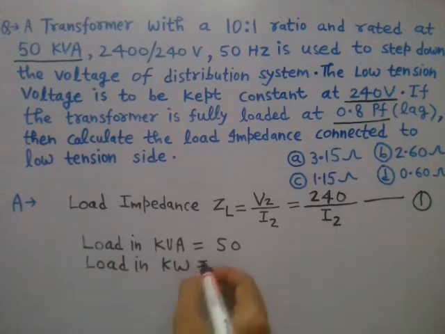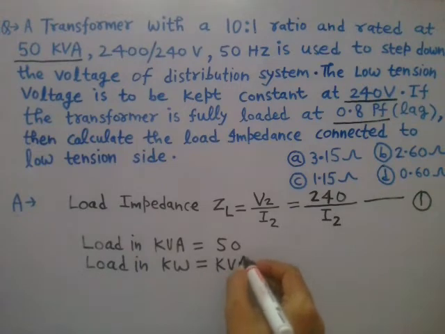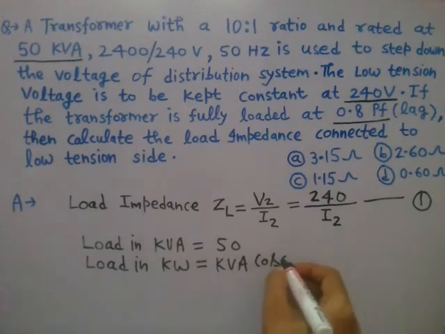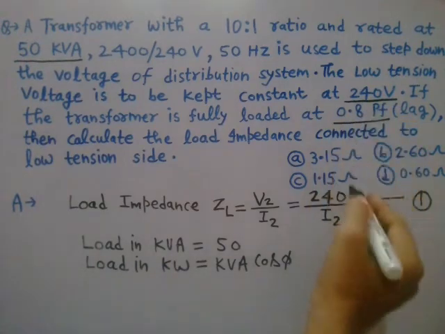Kilowatt is equal to kVA cos phi. Cos phi is the power factor, which is 0.8 lagging, as given in the numerical.